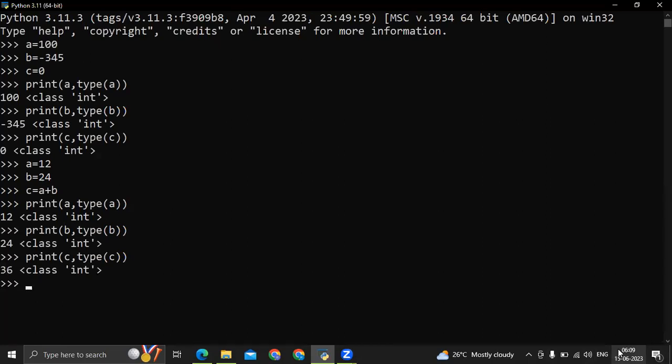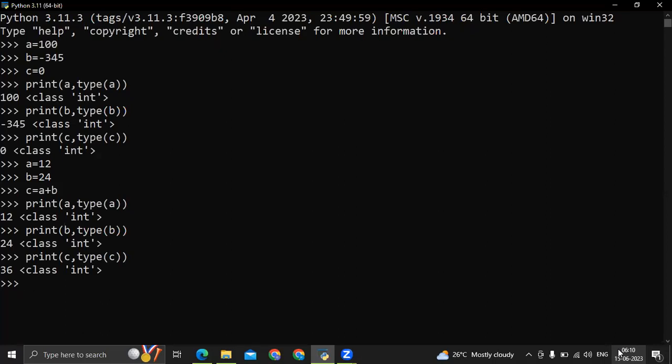We'll get the addition of these numbers, that is 36, and class int. Student, please remember that whenever we talk about the fundamental category data type, it stores a single value in a single object or variable.